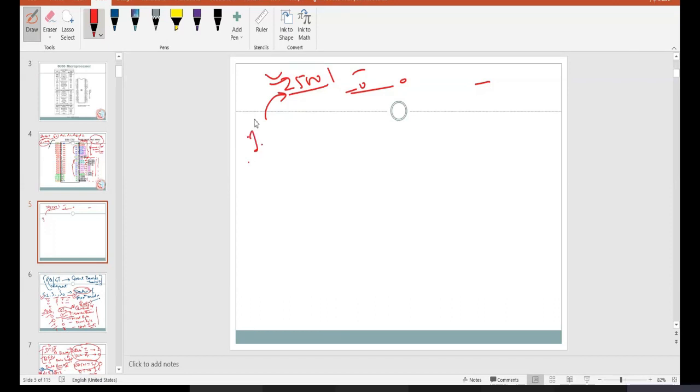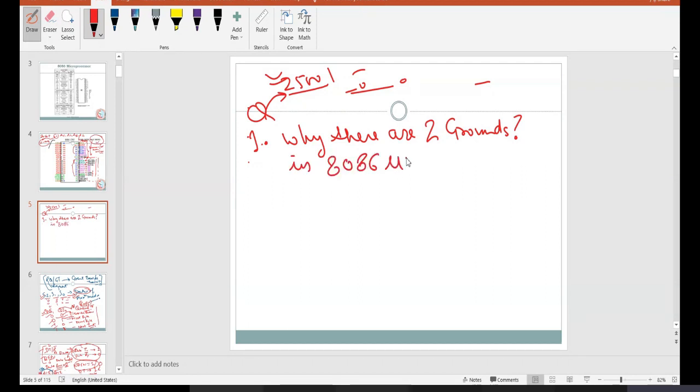Question number one is: have you ever seen a device with two grounds? Why are there two ground pins in the 8086 microprocessor? Since none of you asked, that's why I'm asking that. Fine.